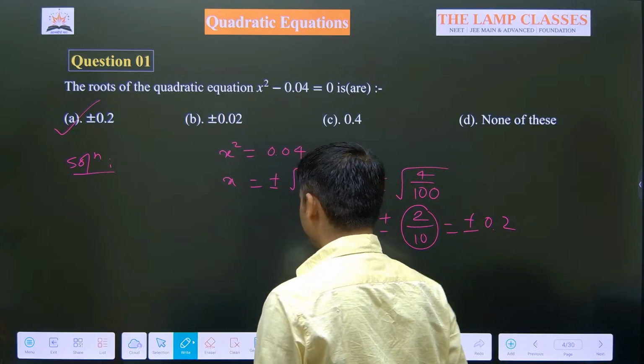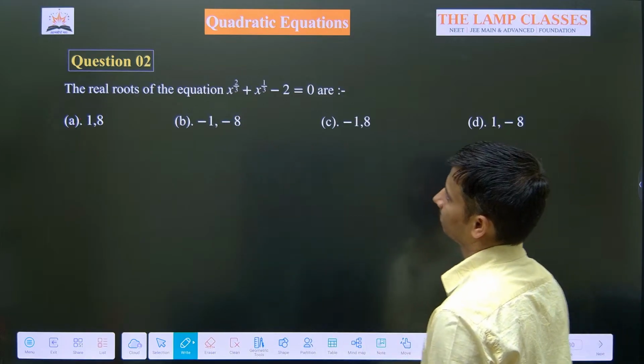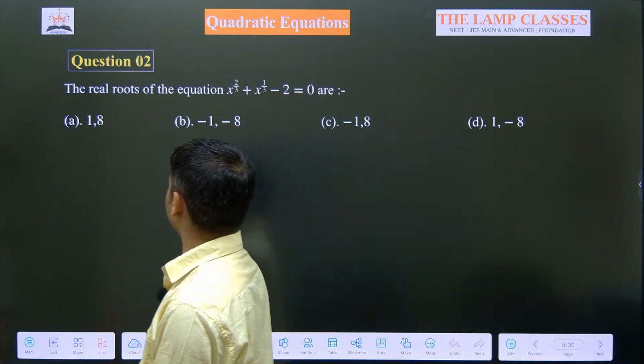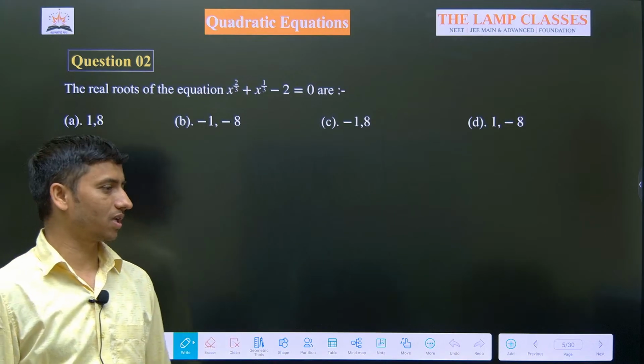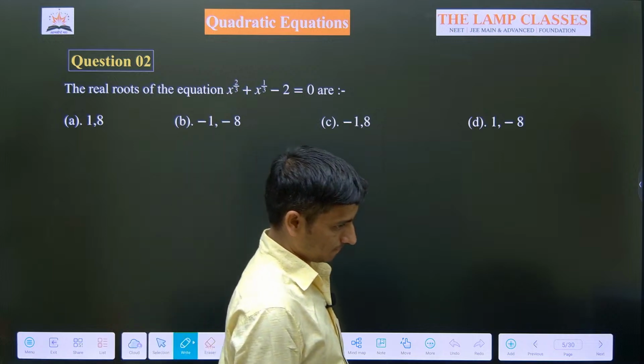Let's do the next question. What are the solutions of this simple quadratic equation? How shall we solve it?